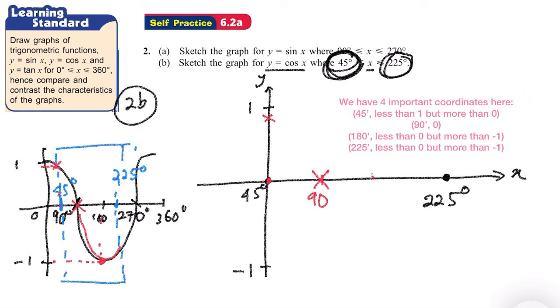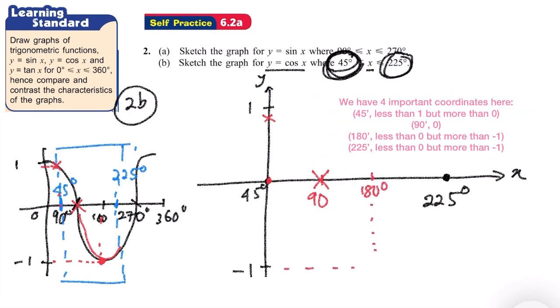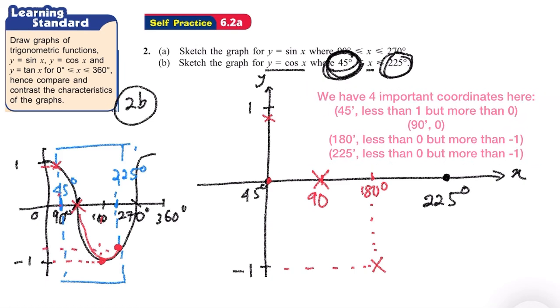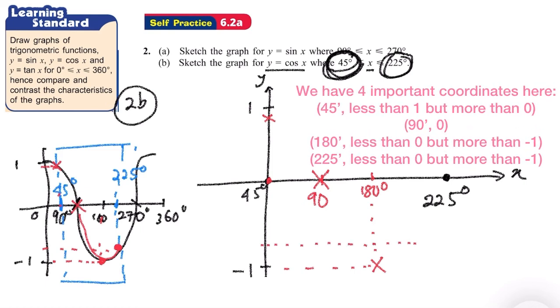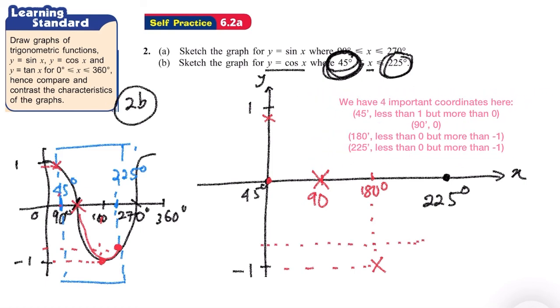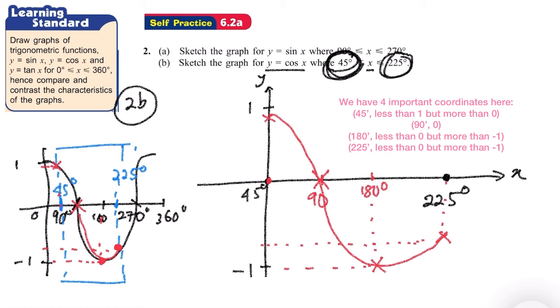Let's say 180 degree is here, so it touches here, and then it goes up a bit to this coordinate, where the y value doesn't reach negative 1, it is before negative 1, so it can be here, and because the x value is 225, we connect the dots. So that is our answer.